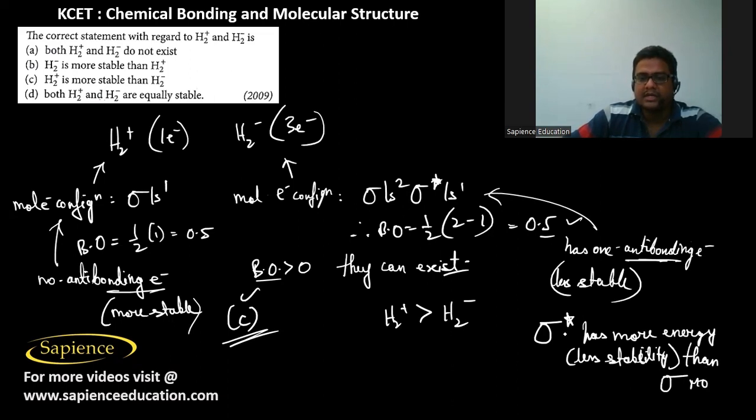Sigma star means the antibonding molecular orbital has more energy and hence less stability than the sigma bonding molecular orbital. So hence it means that H2 minus will also be less stable than H2 plus.